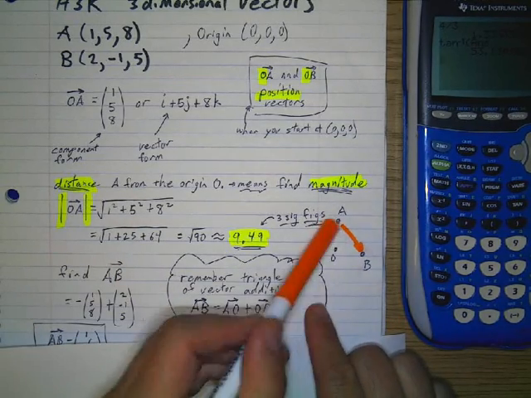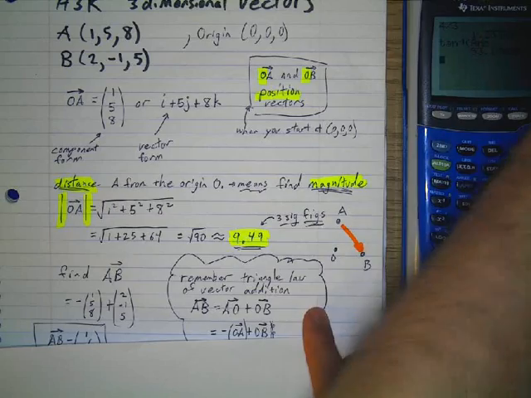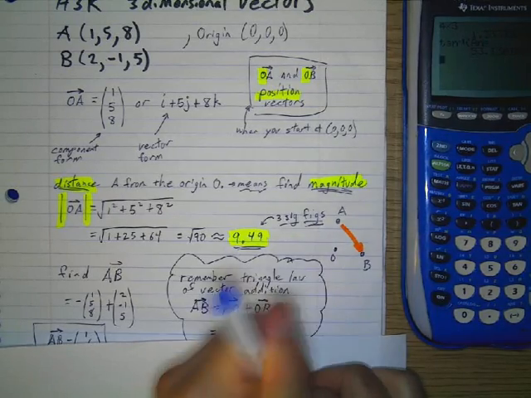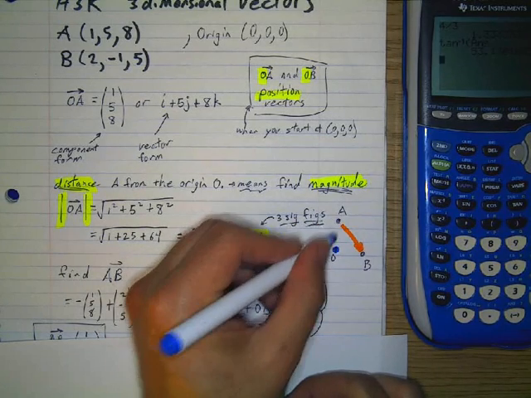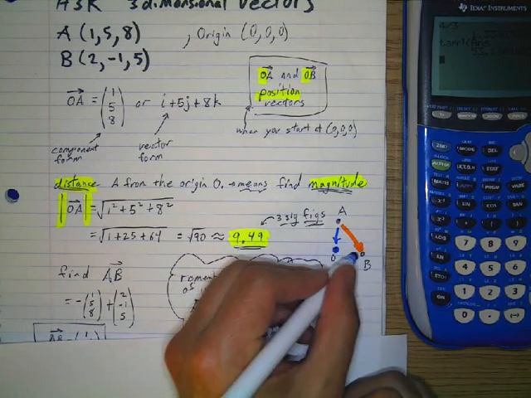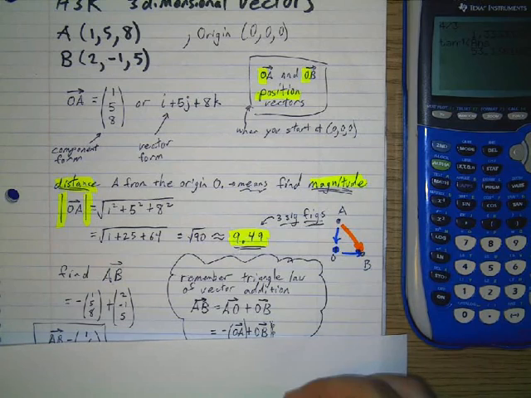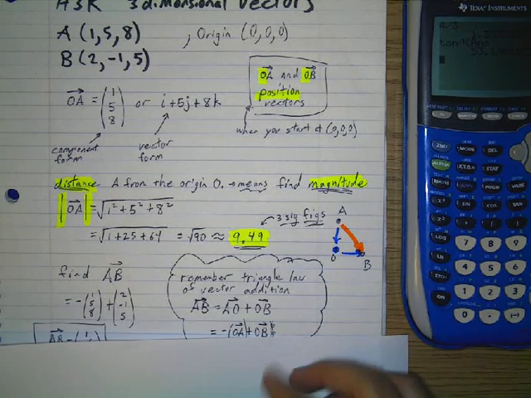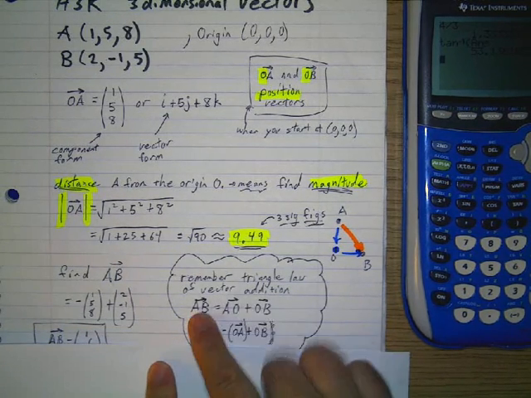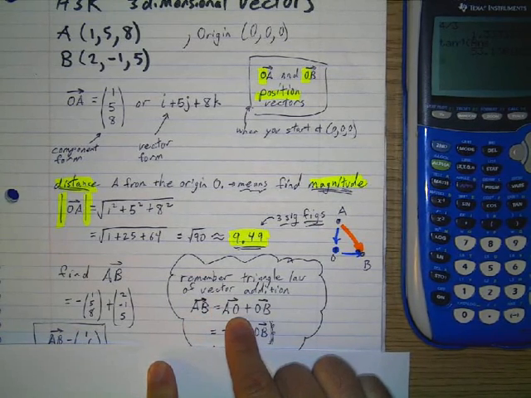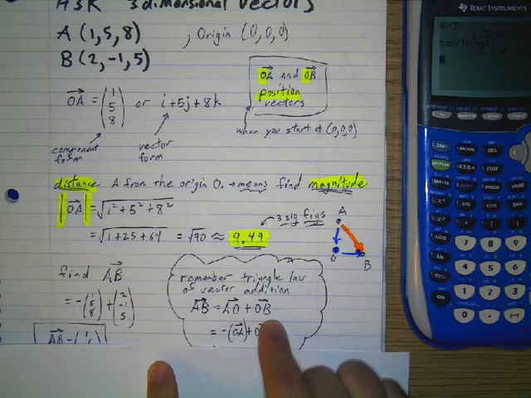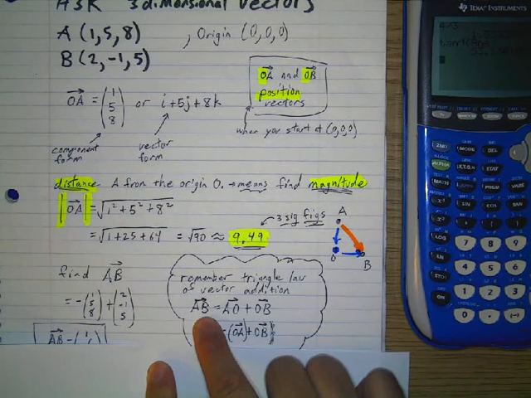I could go directly there. Or I could stop in Oakland, couldn't I? So I could go from San Francisco to Oakland and from Oakland to San Jose. Do I end up at the same place? Yes. So basically what I'm saying is to go from A to B, I can go from A to some letter and then plus that letter to B. We end up with the same thing.